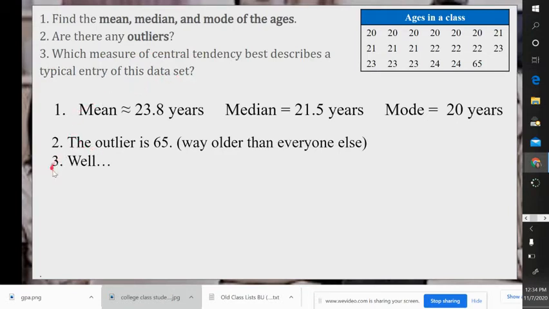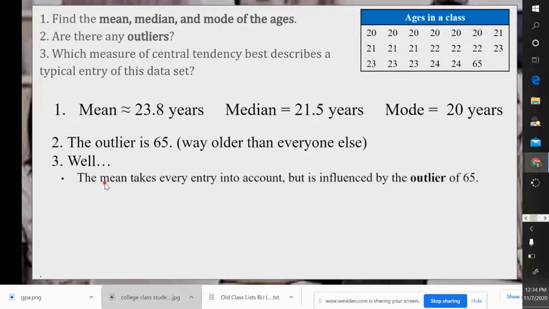Well, how do we decide? Let's think through what they all say. The mean is considering every single entry, but that 65 made this average go way up. If you did this average without that 65, I bet it would be more like 21 or 20 years old.